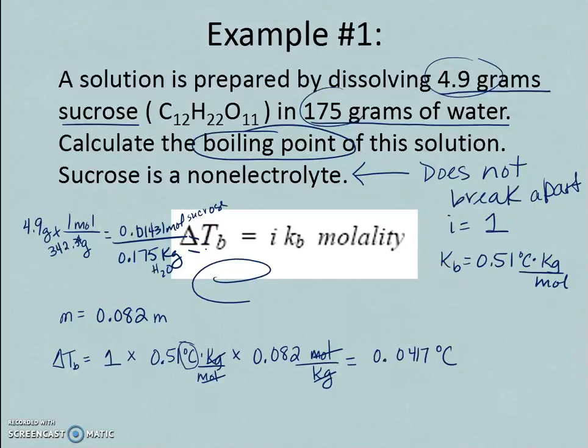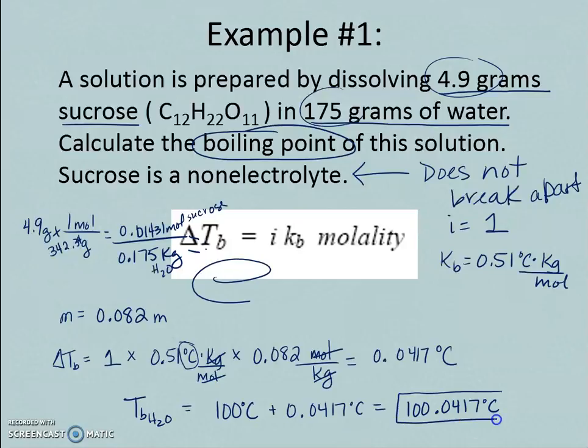What's the normal boiling point of water? It's 100 degrees Celsius. But we're raising it by 0.0417, so we've got to add that in. Our new boiling point is 100.0417 degrees Celsius. Now, there's our answer.